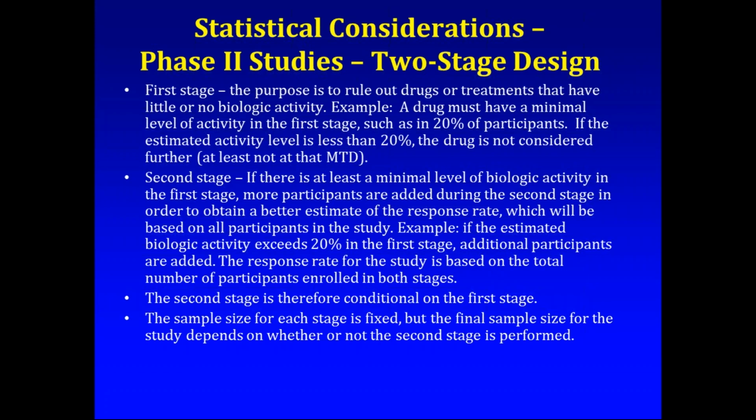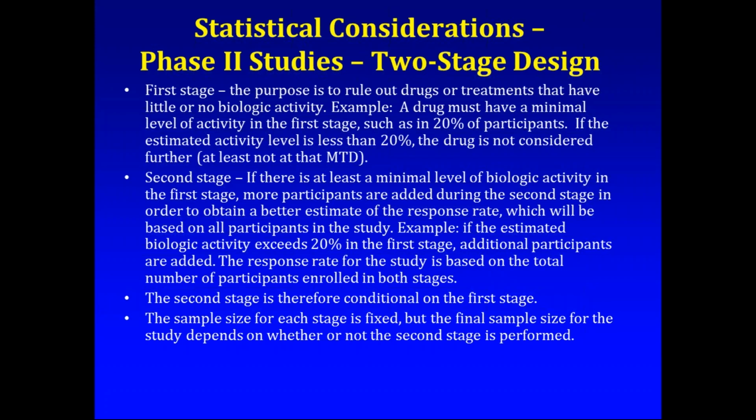This varies study by study, but we might want to say, well, if the treatment is effective in at least 20% of the participants in the first stage, then we'll enroll more people in the second stage because we think that treatment is showing some promise, say for some type of cancer, especially for types of cancer that may be less common.